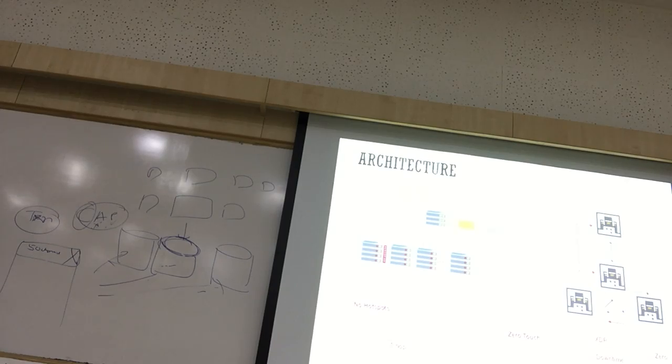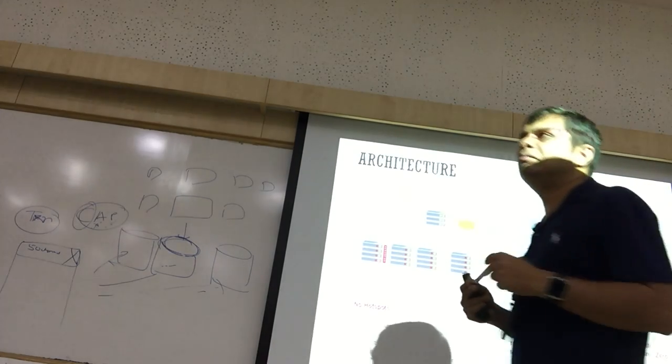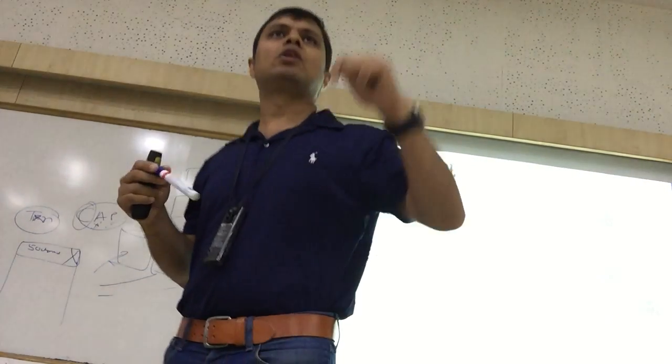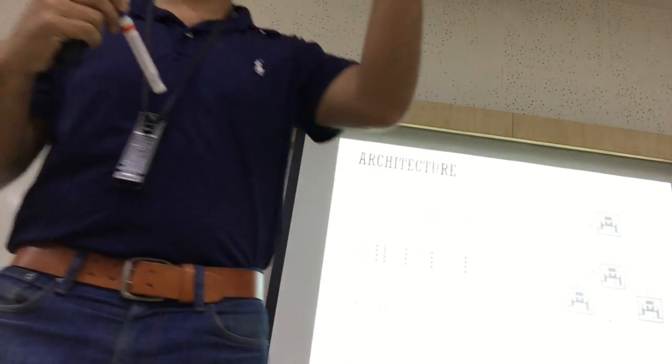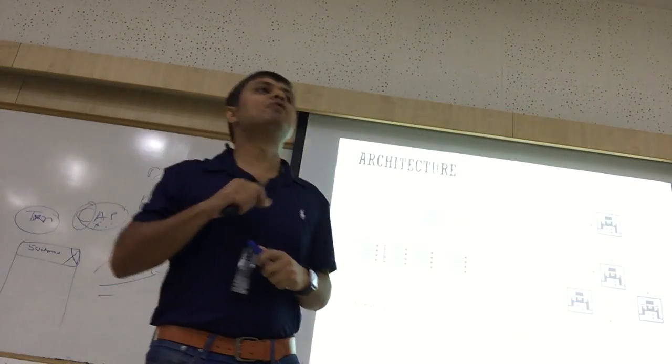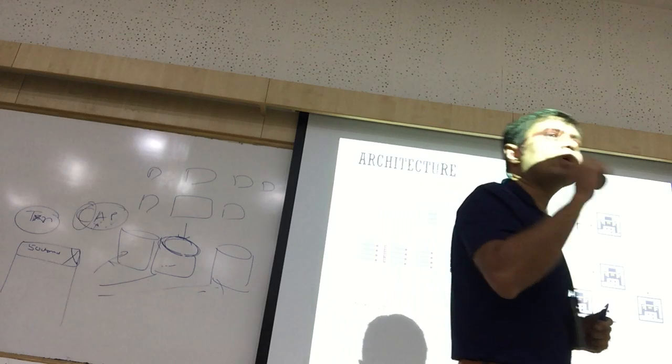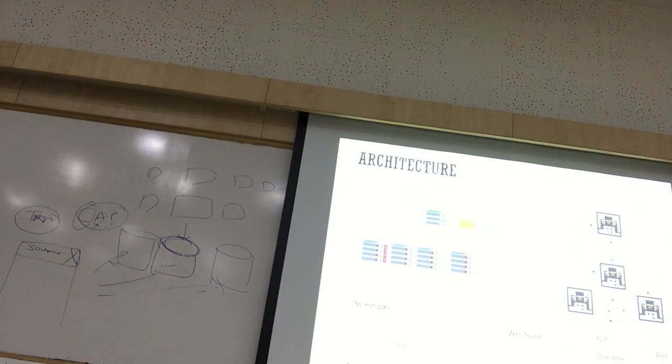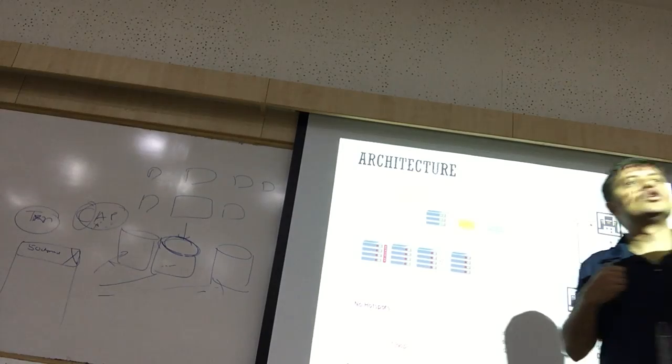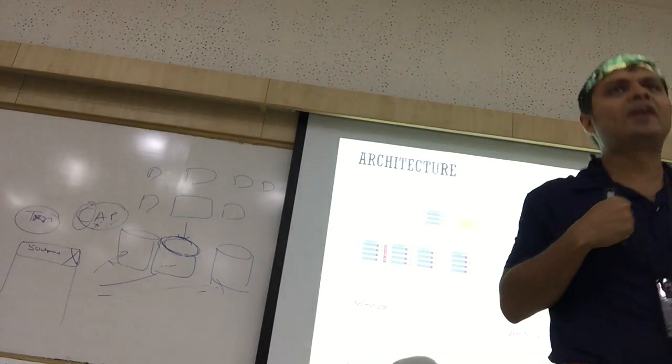In the Aerospike world, I am, in some sense, a super user. Call me a thick client. So I have information of where to go for what information. I want Rajendra, I know how to go here. I want Vineet, I'll go here straight. The client knows where Vineet is, and the client knows where Rajendra is.